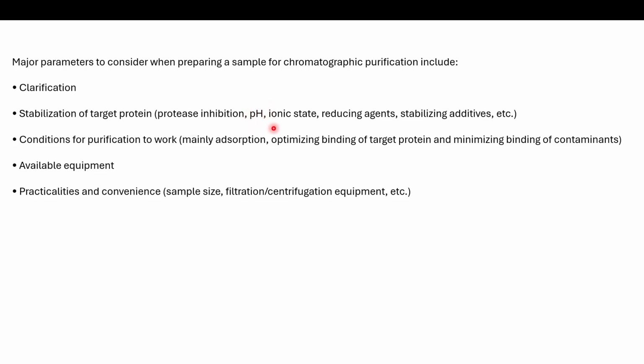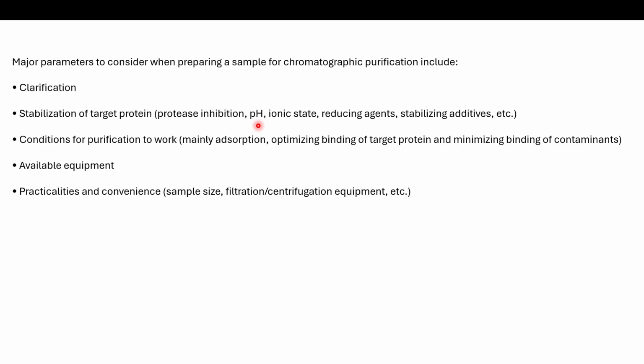And then you can play around with the pH to get the optimum range where your protein is stabilized, because, like we were discussing in the last tutorial, your protein is made up of amino acids. Amino acids have variable side chains, right?